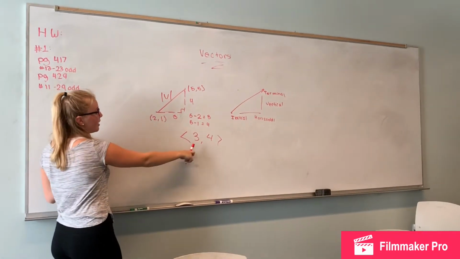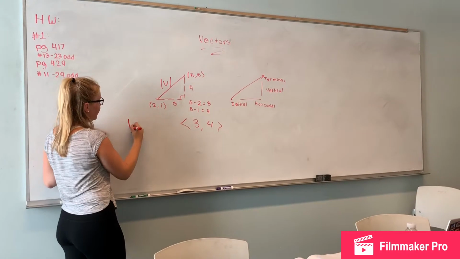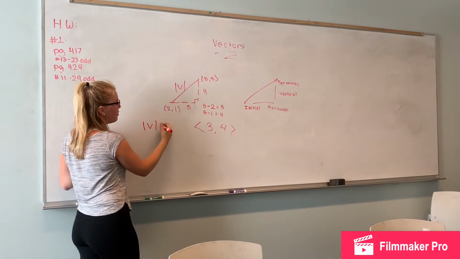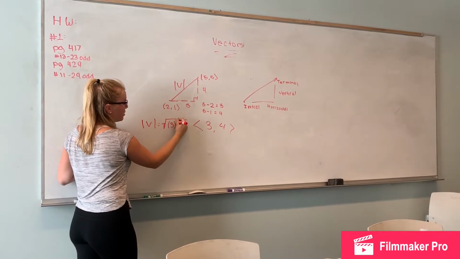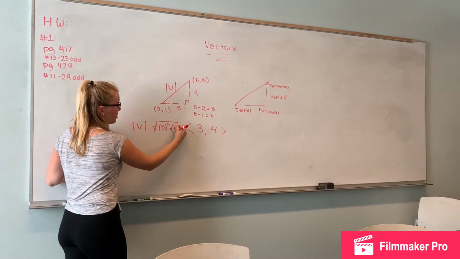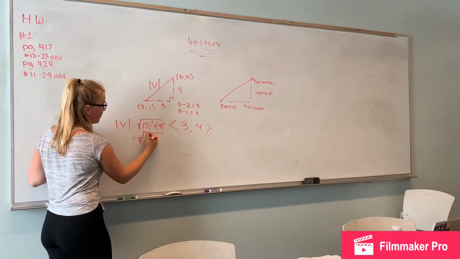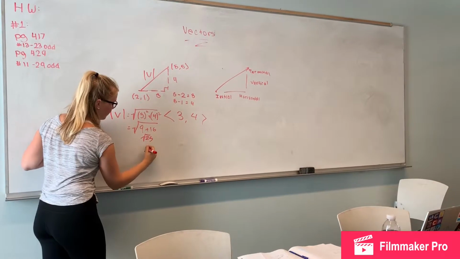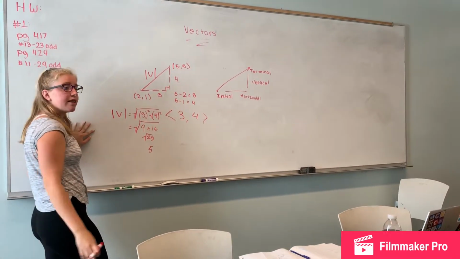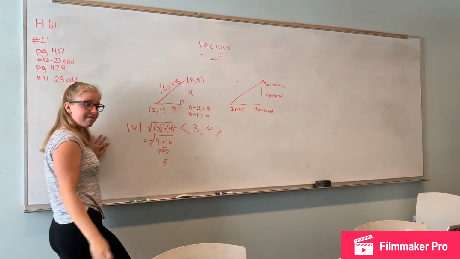We take the component form and say that the magnitude of the vector is the square root of 3 squared plus 4 squared. Now, if we write that all out, we see that the magnitude of this vector is 5.